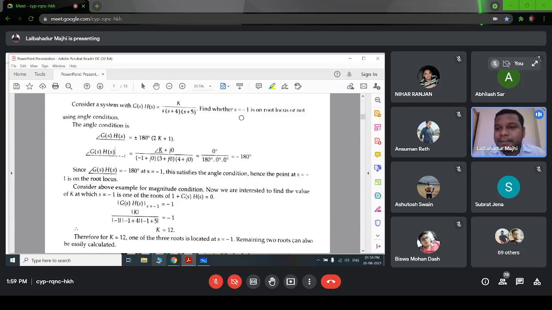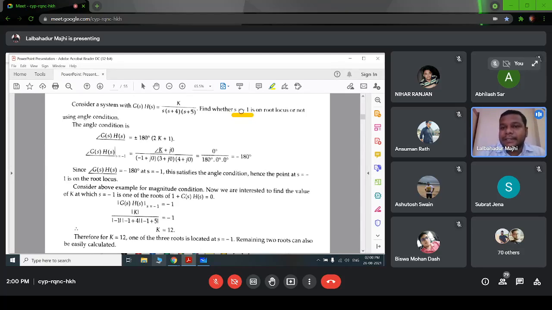Will it lie on the root locus or not as we go on increasing the value of k? That can be found by using the angle condition. The angle condition says the angle of G(s)H(s) should be an odd multiple of 180 degrees. The value of s given is minus 1.